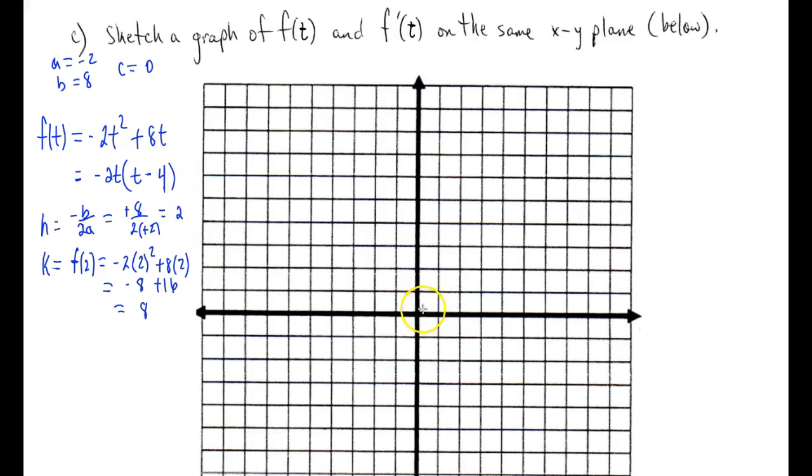We have x-intercepts at 0, and at 1, 2, 3, 4 here. We know that at (2, 8), we have a vertex, opens down. So this graph will look something like this.